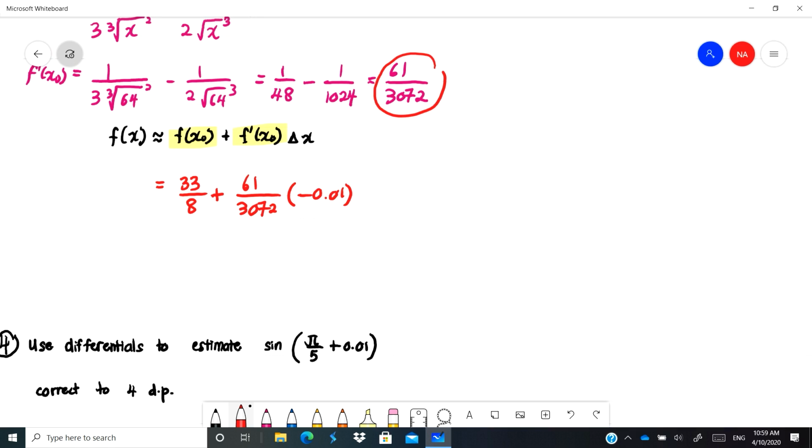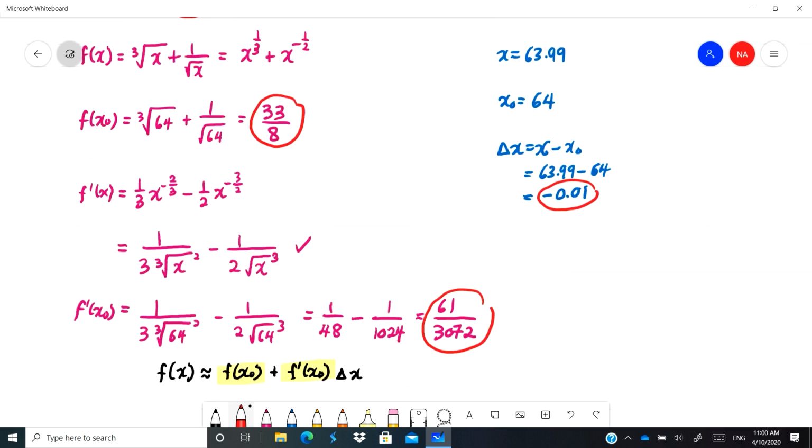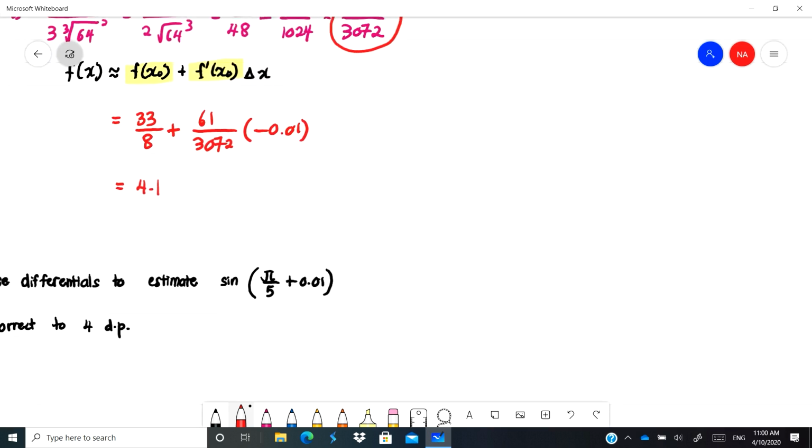All right, so pressing your calculator, 33 over 8 plus 61 over 3072 multiplied with negative 0.01, and then we'll get the final answer as 4.1. All right, look at the question. They ask you to convert into 3 decimal places. 1, 2, 5. All right, that's the final answer.